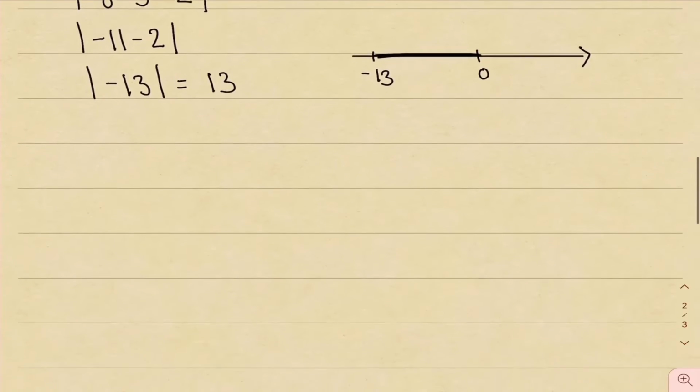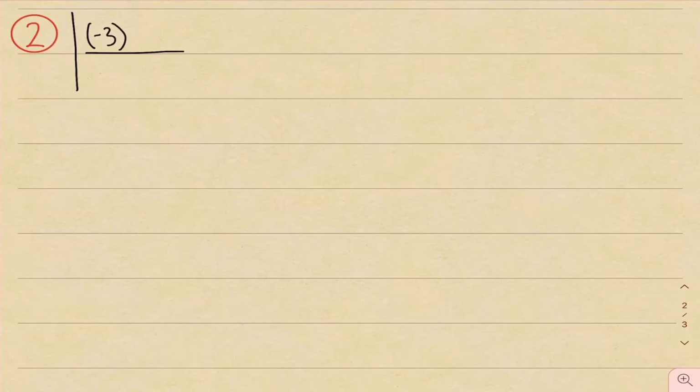So let me do another problem. Problem 2. So if I have the absolute value of negative 3 times positive 10 divided by negative 2. So again, I'm going to work inside of the absolute value. Now I have negative 3 times positive 10.